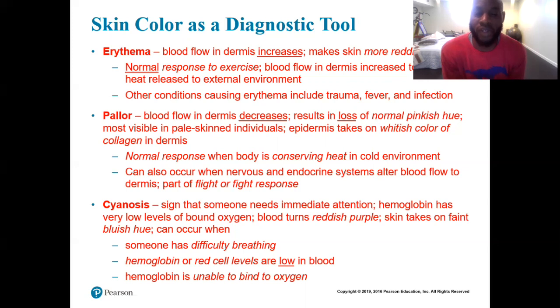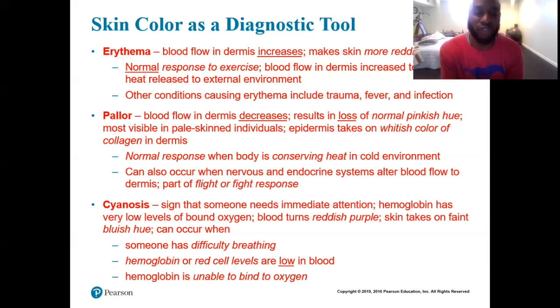Now, I would be scared, and you wouldn't be able to see my skin go white because I have dark skin. But if I was a lighter skinned individual, you would see my skin go pale, because the blood would be flowing to my quadriceps, biceps, triceps, hamstrings, glutes, so that I could run very fast to get away from this bear. I know they say you're supposed to lie down and play dead, but I ain't playing dead, because I'd be too scared. I would actually be dead. I'm just being silly, but yes, that's what would happen.